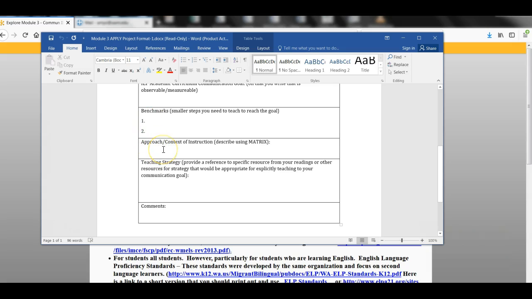Then I do ask you to look at the matrix and think about your approach and the context for instruction. And also to think about a strategy for teaching.